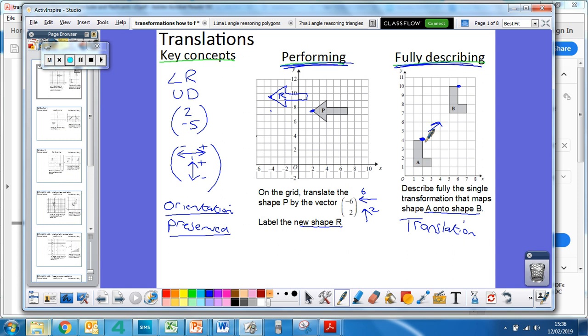So we're going to move 1, 2, 3, 4 places to the right. And then we're going to go up 1, 2, 3, 4, 5, 6. And we write the vector just like that. That's how you perform and describe translations using the vector notation that we looked at here.